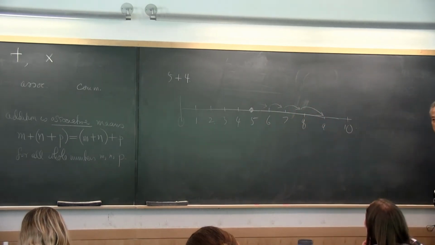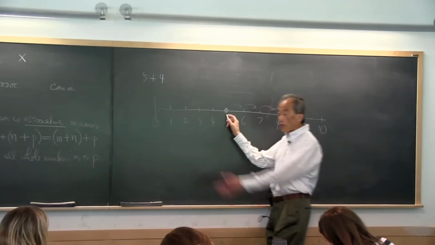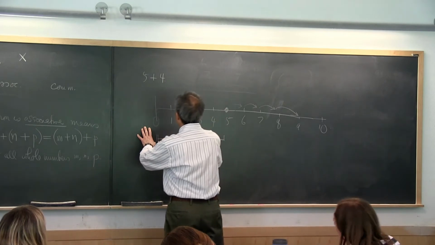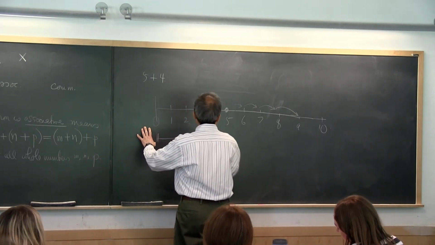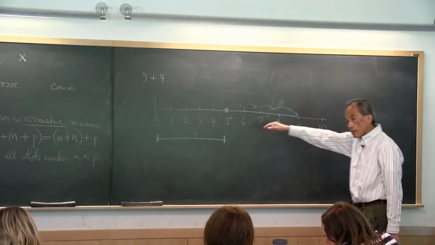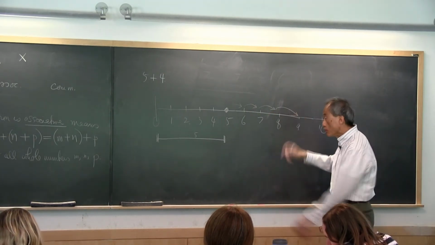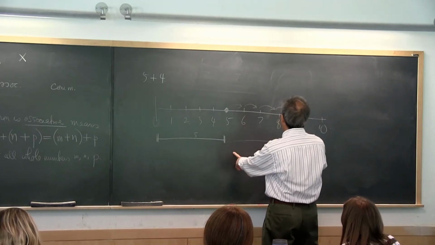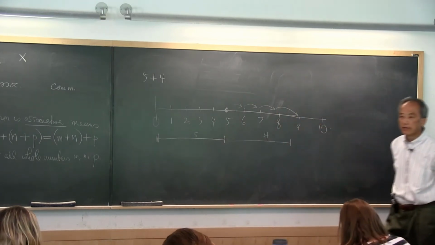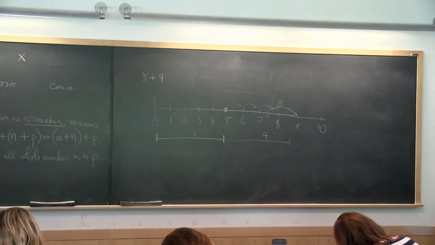So what it is that you start with 5. Now we think of 5 as a whole segment of this length. That's 5. Then 4 steps more, that means you get a segment of how long? 4 units, right? 4 steps.